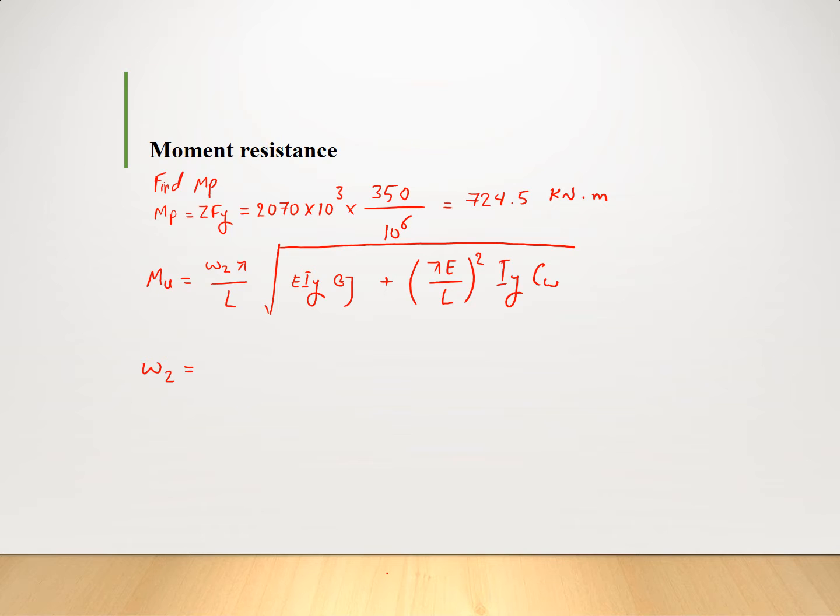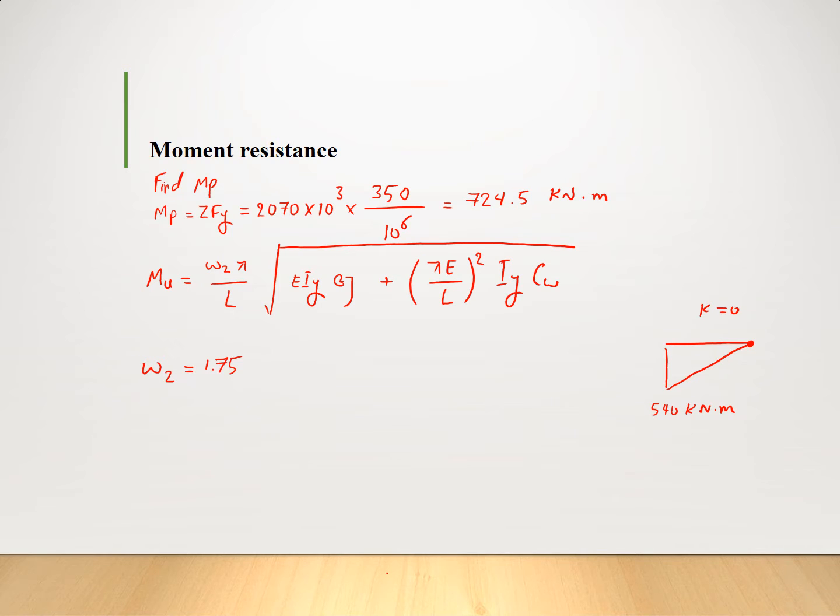Omega 2 for this section, because if you look at the bending moment diagram again, the moment was like this. This is 540 kilonewton times meter, and this is 0. So the ratio of the smaller moment to the maximum moment will be 0. Therefore, kappa is 0.